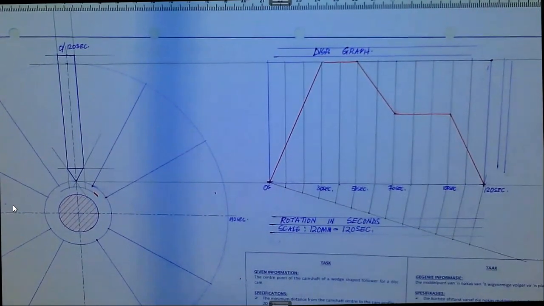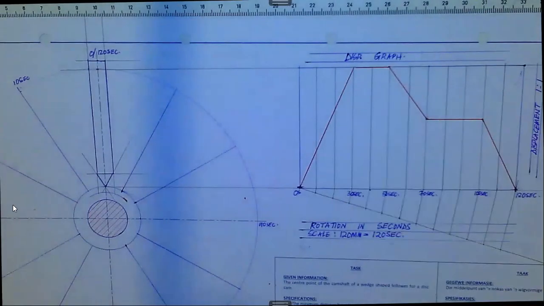That is the scale. Then here you write displacement. But remember, we said you can write displacement 1:1 or displacement in millimeter. So that will be your complete displacement graph.